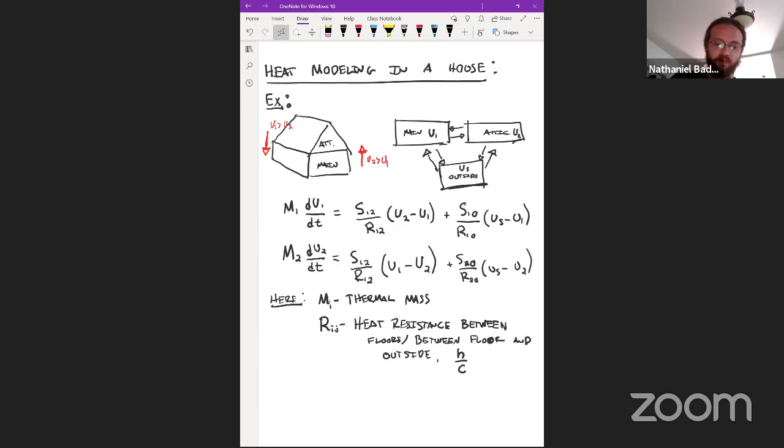So, okay, question. What kind of equations are these? Like, we had to stare at this and say, so it's a system of equations, but what kind of system of equations is it?